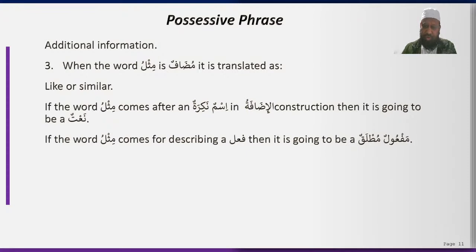These are the few things to know about the word مثل. Translation will be like or similar. So let's see in the examples: if we see after مثل an اسم نكرة, we'll make that a na'at. And if we see مثل is describing the fi'l, then مثل will be مفعول مطلق.